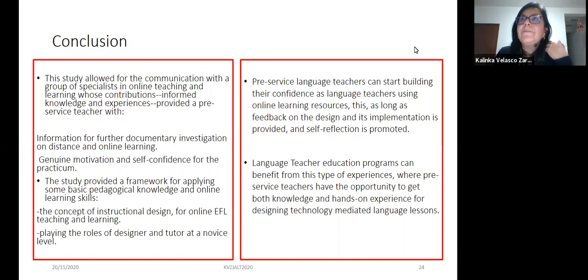So knowing from the experts was very motivating for the student and even for me. Rather than opening a book, asking and talking to them gives you the sense of getting firsthand information and sound advice on what to do and what not to do. The pre-service teacher is just a novice teacher, just getting ready to go into the real world.